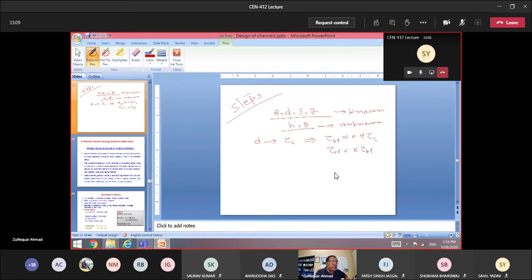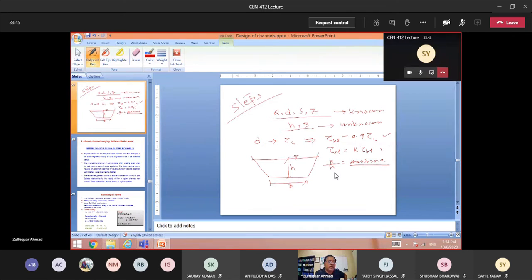Then you have to do it by iteration. You have to select some value of H or B, or take some ratio of B by H. You assume some value of B by H. Now you can get the depth of the flow from this consideration, because the B by H you have fixed.